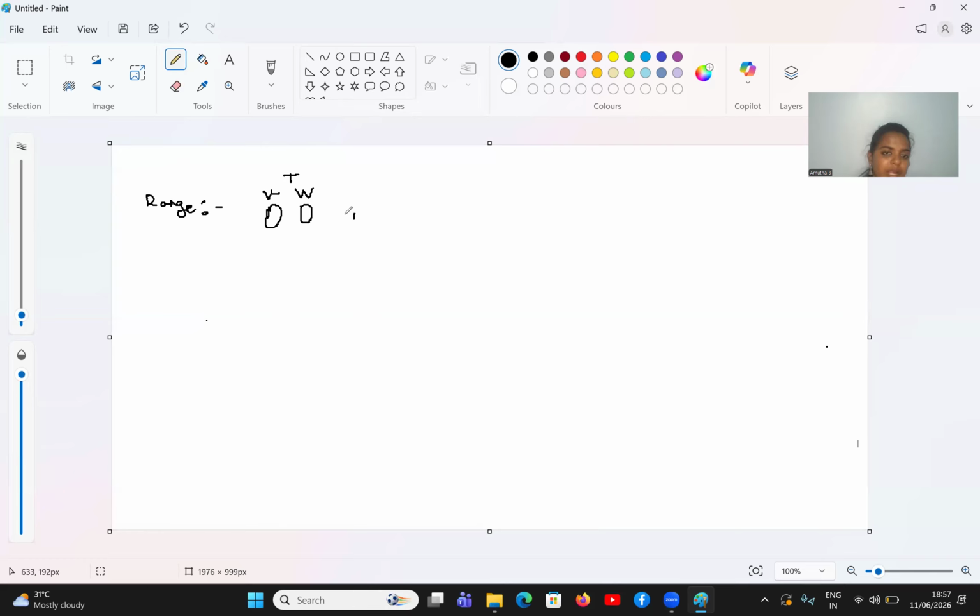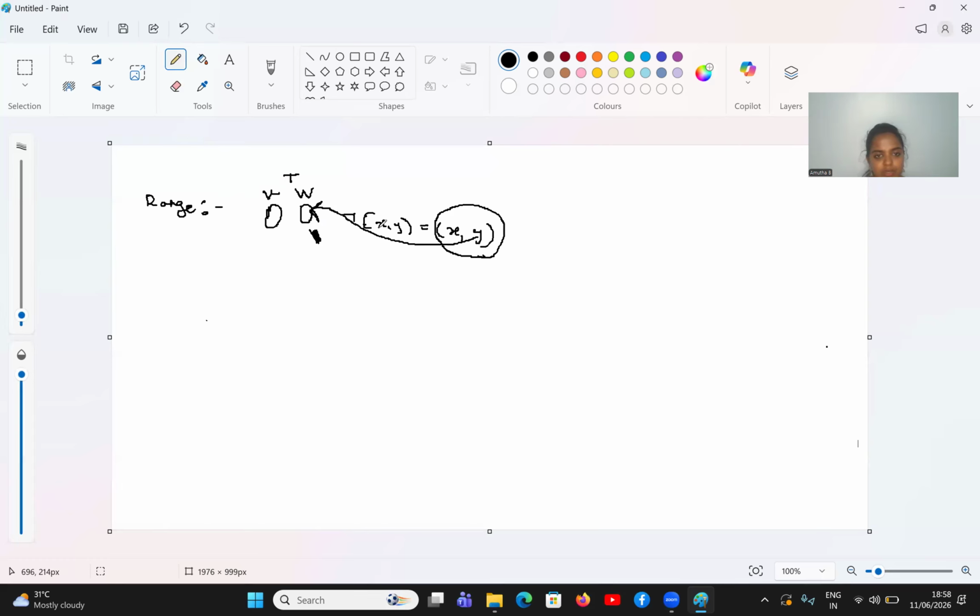If we apply this map, for example, T of (x, y) going to (x, y), then the elements from V mapping to elements in W, the collection of those elements is called the range.